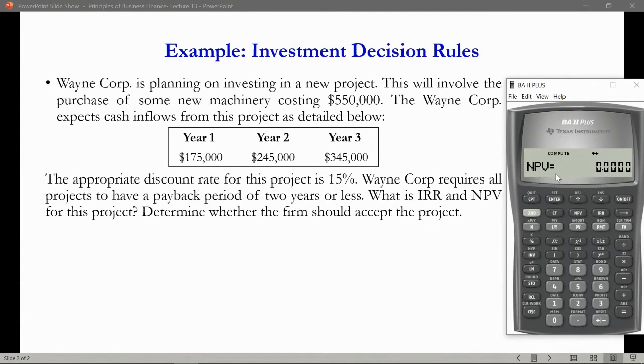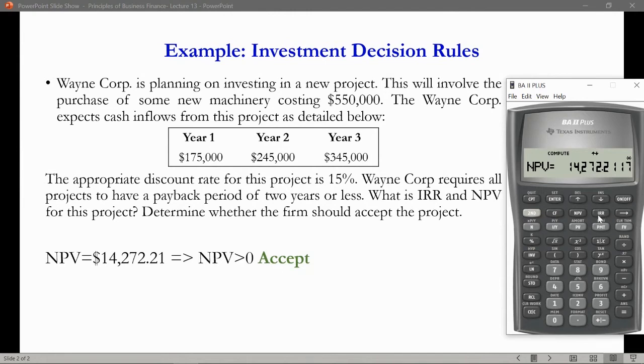Once I see NPV, I can click on compute to see what is the amount of NPV for this project. So the NPV for this project is 14,272.21. So since our NPV is positive, the NPV decision rule tells us to accept this project.